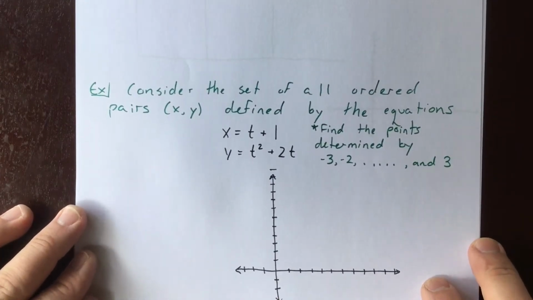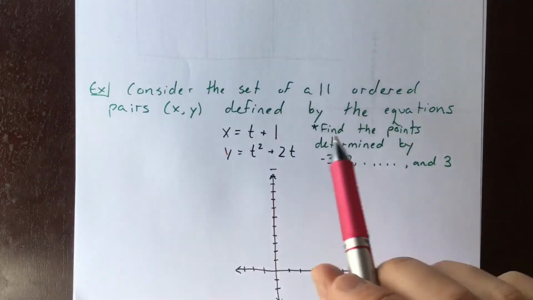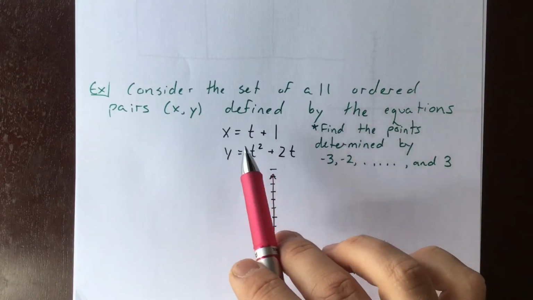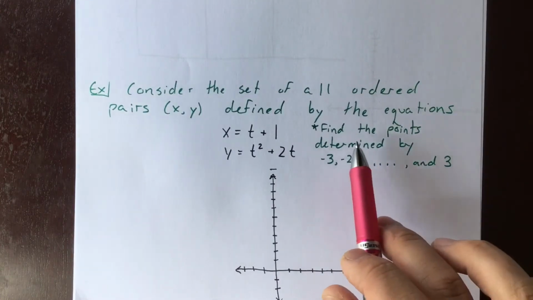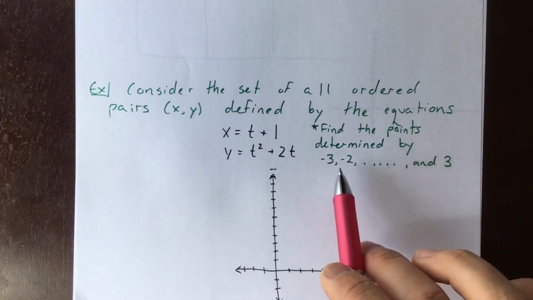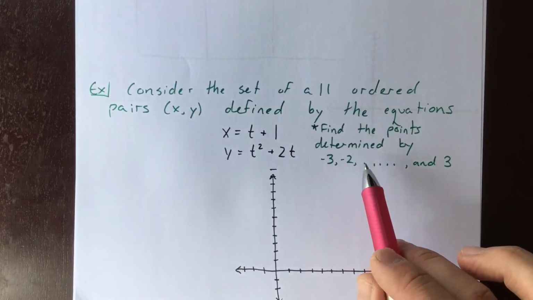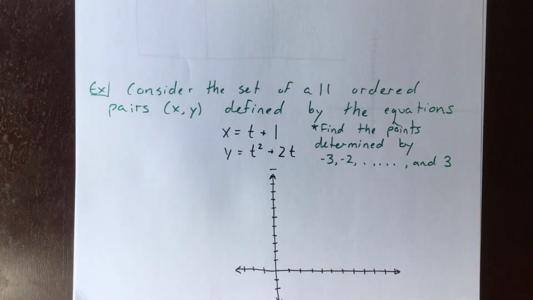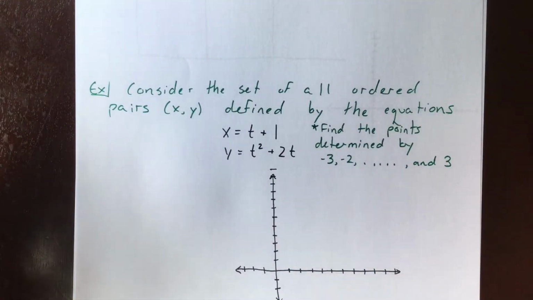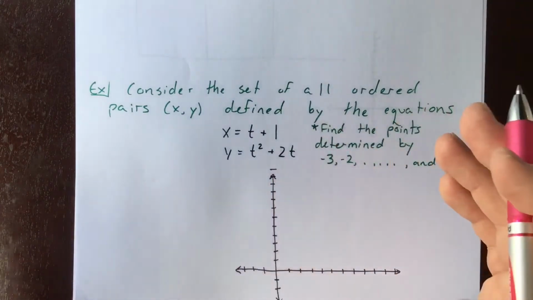So consider the set of all ordered pairs x, y defined by the equations x equals t plus 1 and y equals t squared plus 2t. Here we're going to find all the points determined by t equals -3, -2, -1, 0, 1, 2, and 3. How we graph this, we are going to make a table.